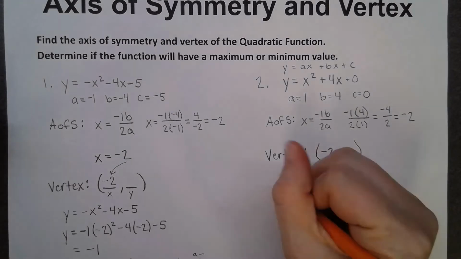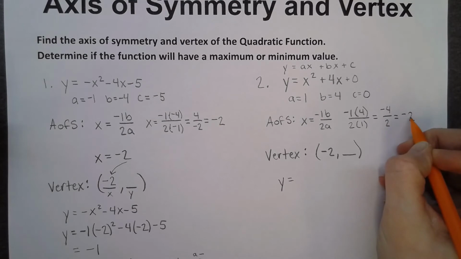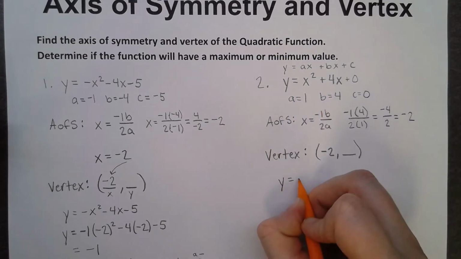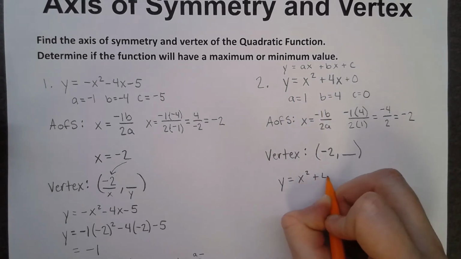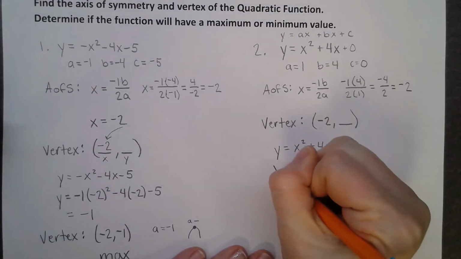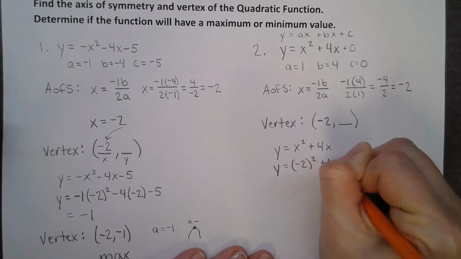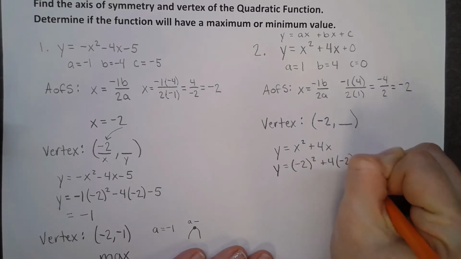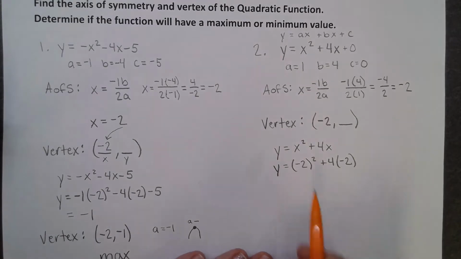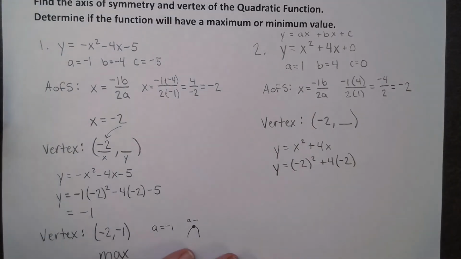For the y value, we're going to substitute this axis of symmetry back into the original equation. So let's just recopy the equation first. We don't really need the plus 0. That way we can plug in the -2. So plugging in -2 everywhere you see an x so that we can work it out and solve for y.